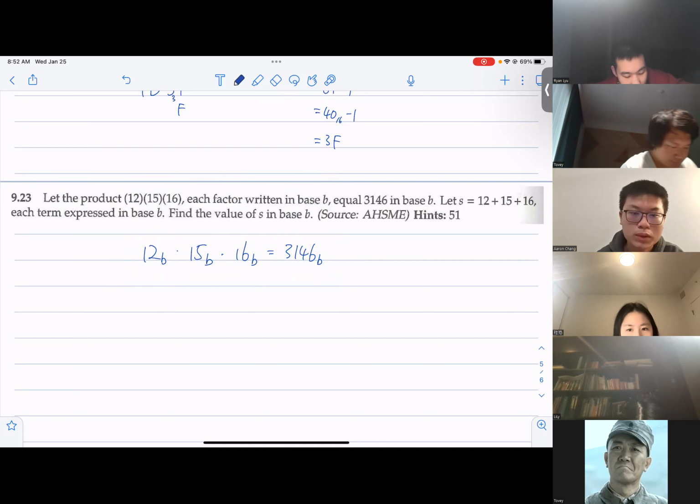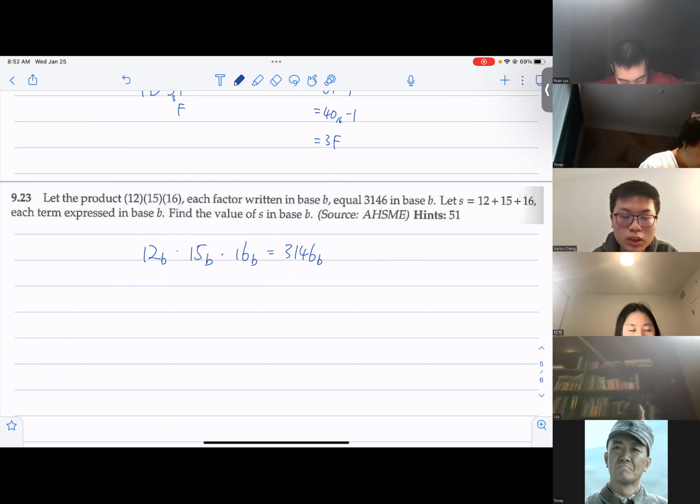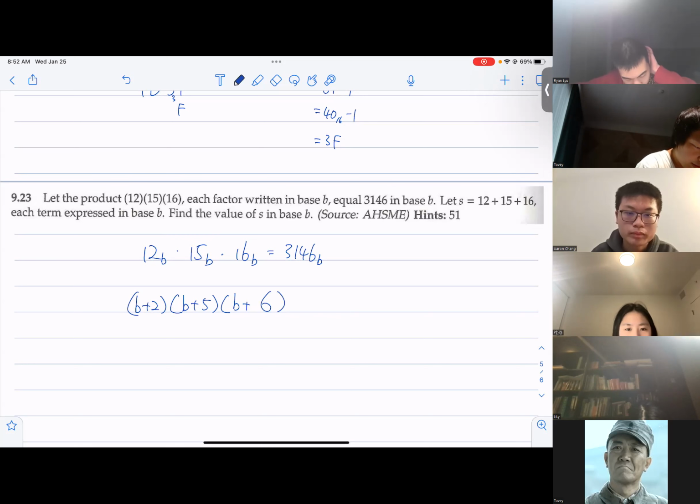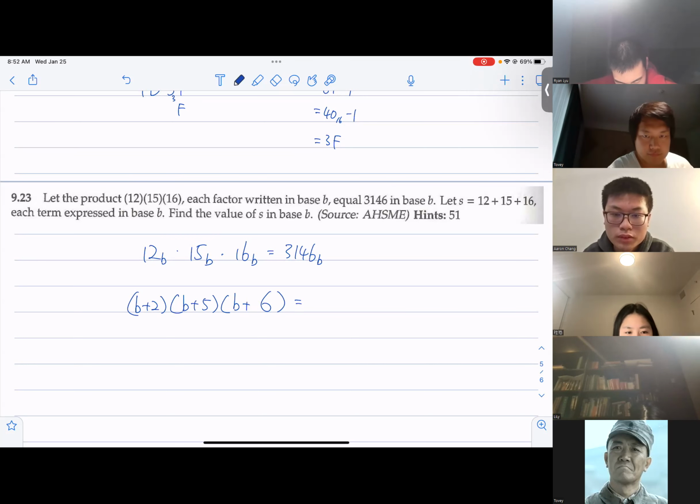So 12 written in base B would be 1 times B plus 2, and 15 would be 1 times B plus 5. And 16 will be B plus 6, right? And then equals 3 times B to the power of 3.